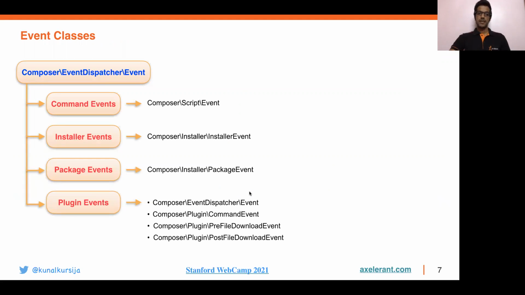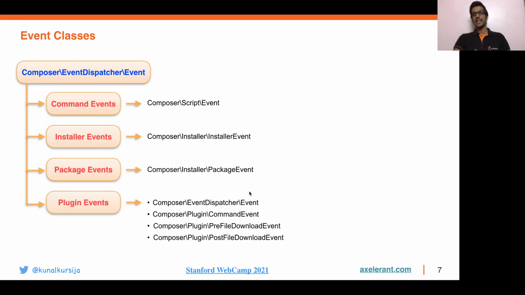Before that, as I said, there are four types of categories available to you. Whenever composer fires any type of event from any of these categories, it is going to pass an object along with it to the PHP callback, or any callback that you have defined.